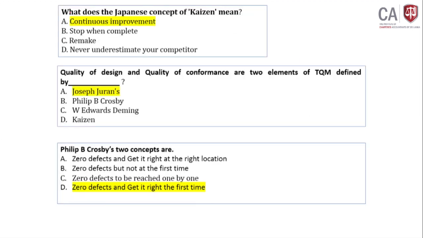Okay. What does the Japanese concept Kaizen mean? Continuous improvement. When the word Kaizen comes, you know what Kaizen is in the Japanese language. Kaizen means continuous improvement.